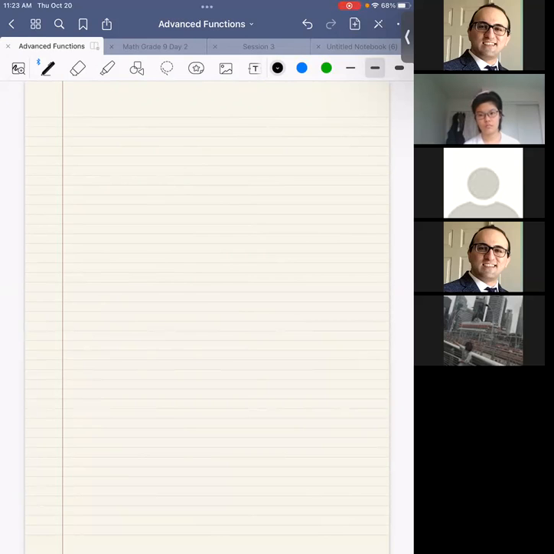Just consider, I want to define a sequence by this formula: P_{n+1} is equal to 2 times P_n, for n equal to 0, 1, 2, and so on. This is a recursive formula.